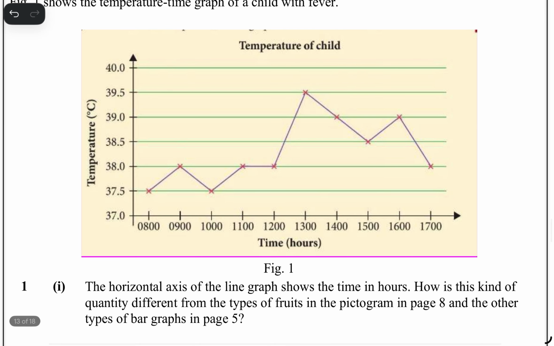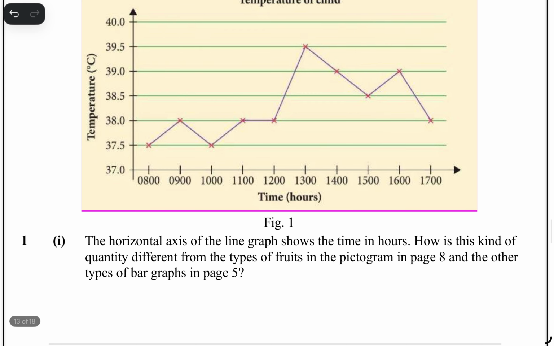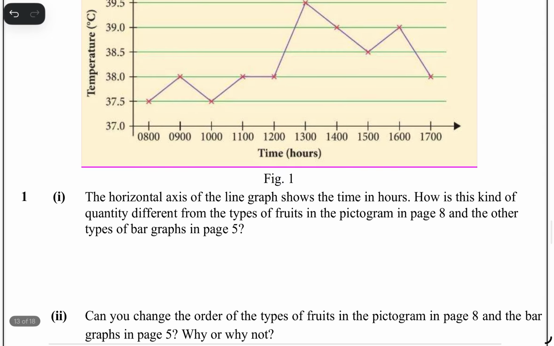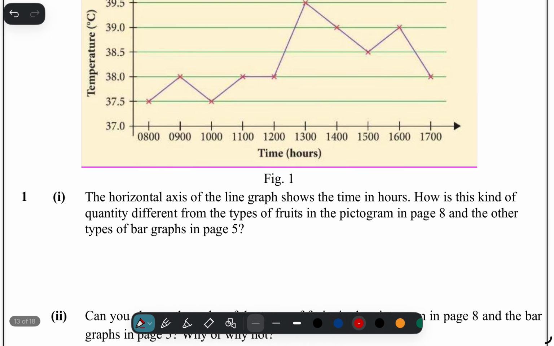Okay, so let's look at some questions and analyze it together. The horizontal axis here shows the time. How is this different from the pictogram or other types of bar graph? The difference is that over here, this quantity is in numbers, whereas in pictograms, the type of fruits all vary by category, like let's say pear, watermelon, apple. So this is the difference between a bar graph and a line graph.